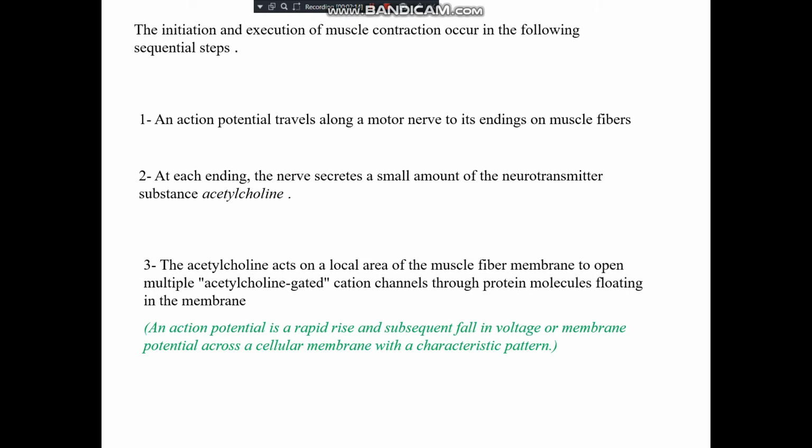Again I will repeat: the action potential travels along the motor nerve, and at the nerve ending there are neurotransmitters. These are released, and the released acetylcholine acts on the local area of the muscle fiber and, with the help of the proteins, makes the acetylcholine gated cation channels open.